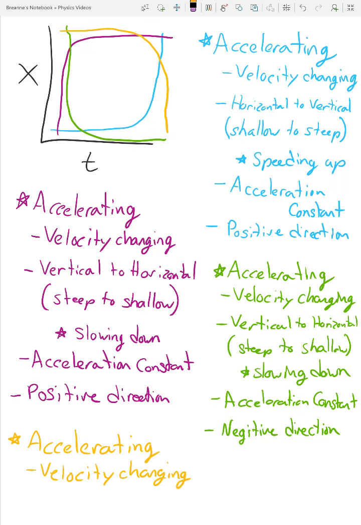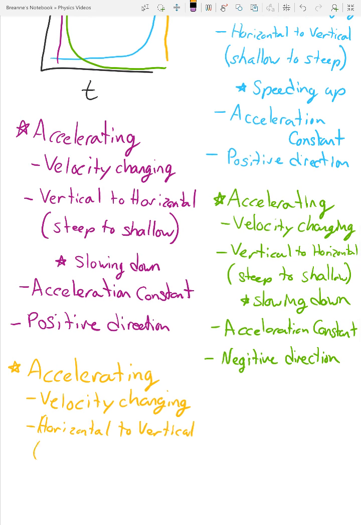Just how it's changing, that's what we have to look at. So we're going from horizontal to vertical. Or another way of looking at it is we're going from shallow to steep. And that means we are speeding up.